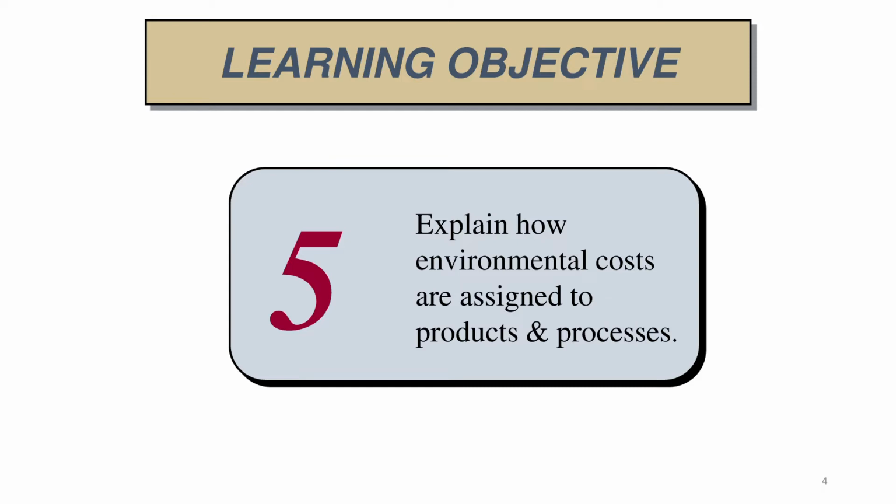It might be packaging. Of course, we could sit here for an hour talking about packaging and how wasteful packaging is, and how packaging as a cost can be included as part of environmental cost. Just imagine you order something from Amazon.